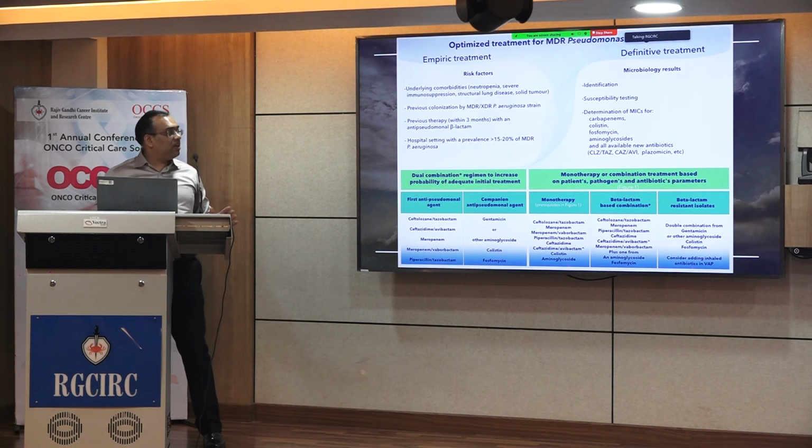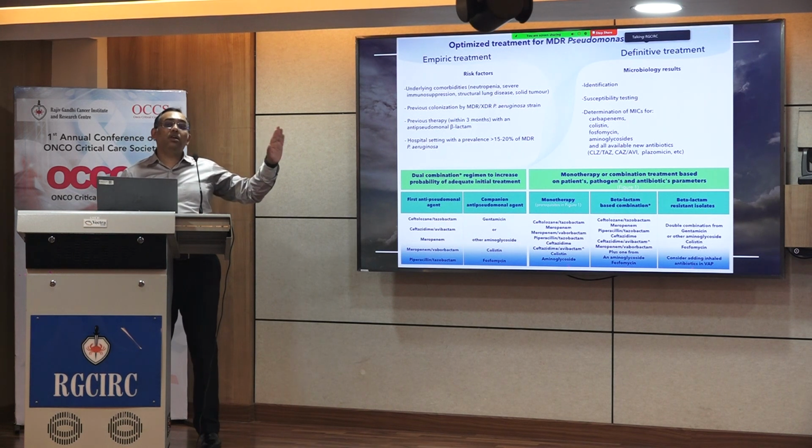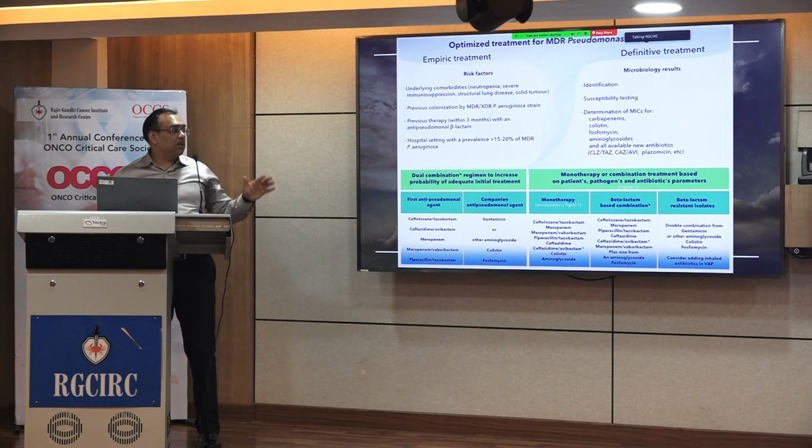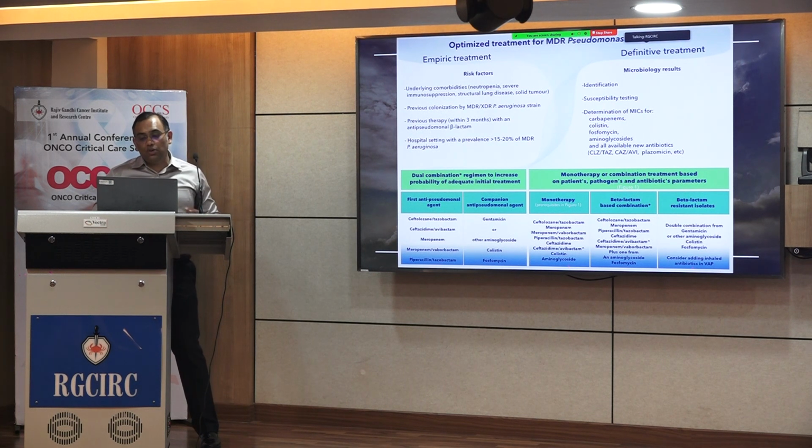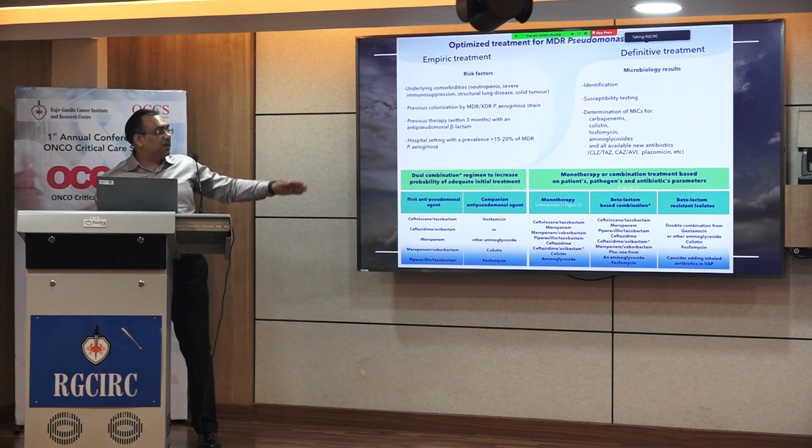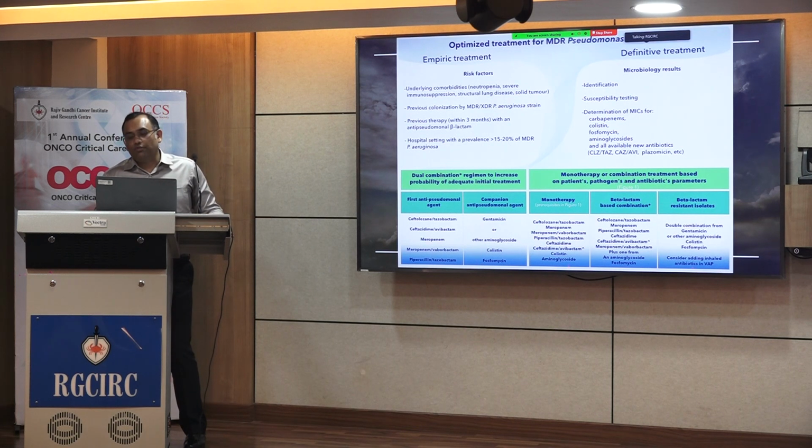When we talk about definitive therapy, if you are looking at monotherapy only, you need to have the tick boxes there. Otherwise it will be a combination therapy, and you can look at beta-lactam-based combination therapy where these beta-lactams are given along with either an aminoglycoside or a fosfomycin.